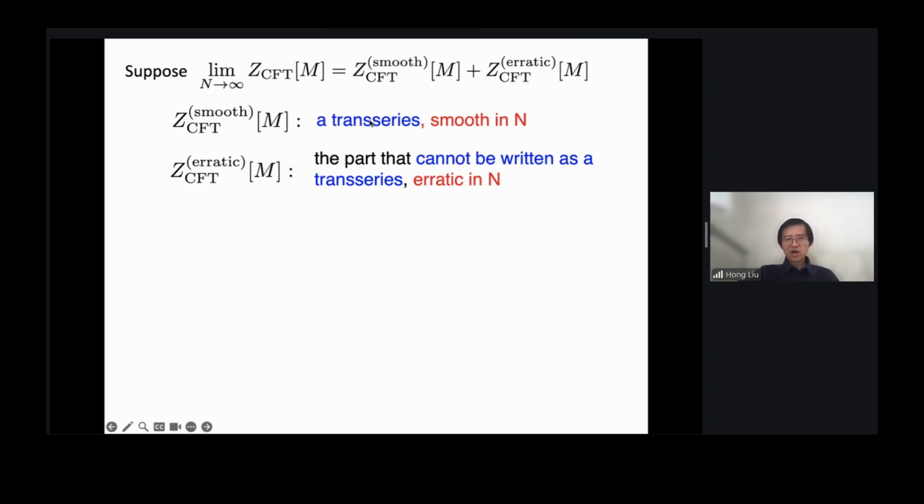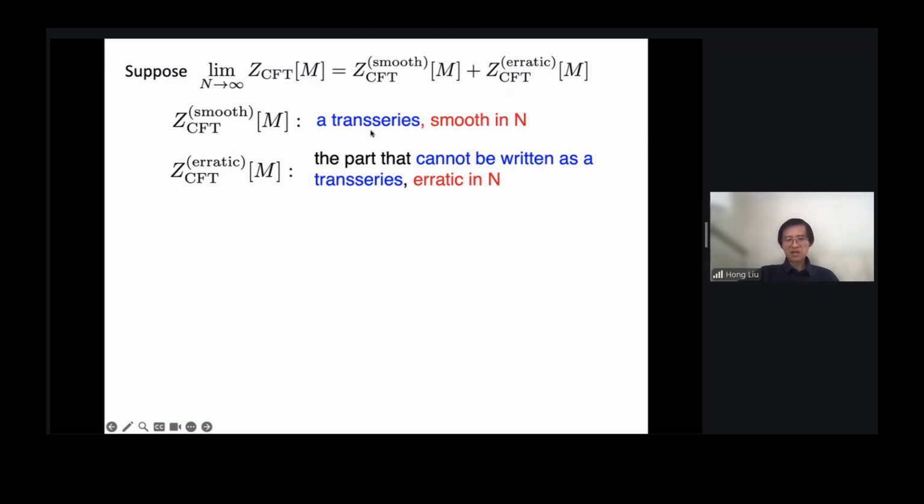As I mentioned, the smooth part has a very specific, tightly constrained structure. So anything else which is not in that kind of structure, we call erratic. Right now we define the erratic part by what it is not. We know how to define the smooth part precisely, and the erratic part is anything which is not of this form.